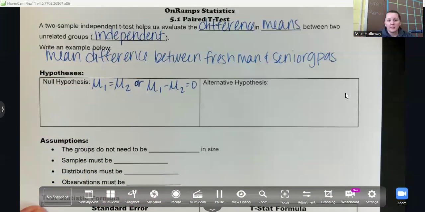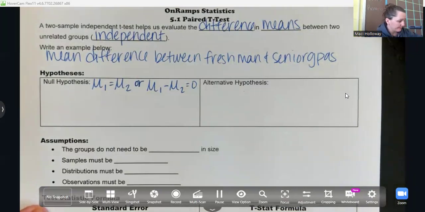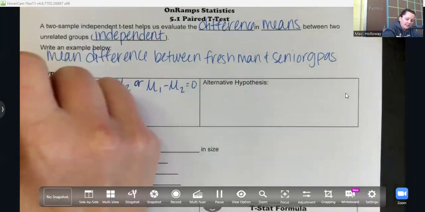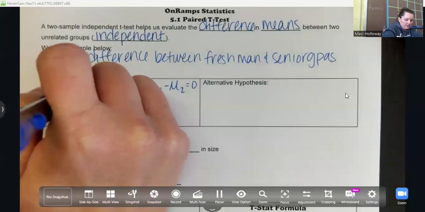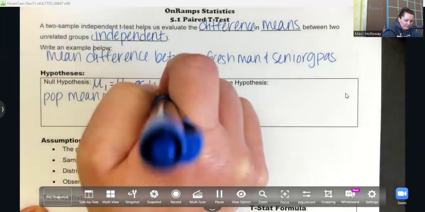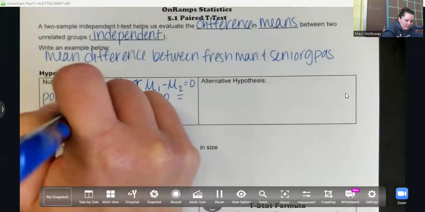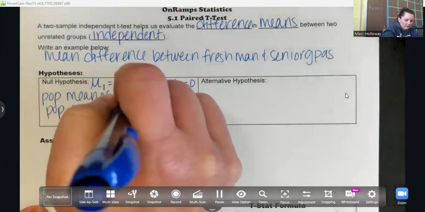These two ways that I'm writing it here are acceptable ways to write the null hypothesis: either that the averages are equal or that the difference in the averages equals 0. That's always going to be my null hypothesis, that the population mean of one group equals the population mean of the other group.